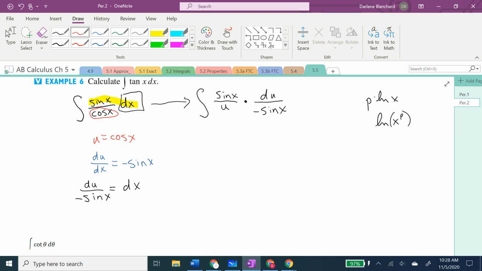And magically, those two cancel each other out. And I end up getting this negative sign times the integral of 1 over u du. Okay, that makes perfect sense. Excellent.